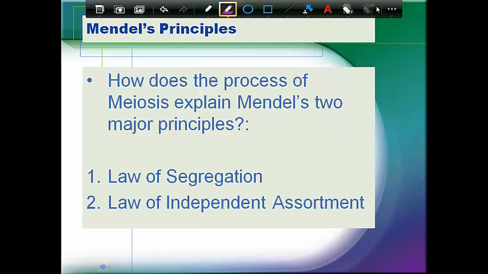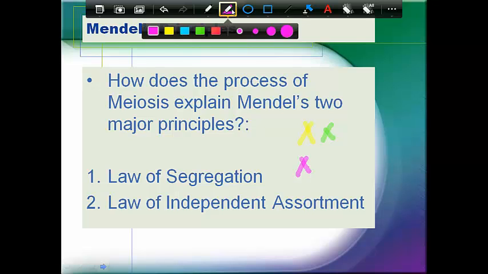Well, you remember when you did your paper meiosis, I said that it's completely random how the chromosomes line up in meiosis 1. So if we go back and think about meiosis 1, we've got homologous pairs of chromosomes. There's my yellow chromosome and my green chromosome. And then here's my pink chromosome and my red chromosome.